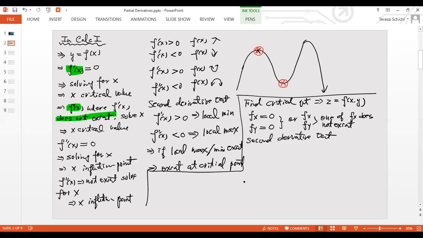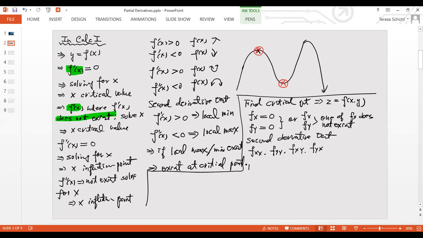For z equal to f of x, y, I have 4 second derivatives: f of xx, f of yy, f of xy, and f of yx. But if f is continuous, then f of xy equals f of yx.